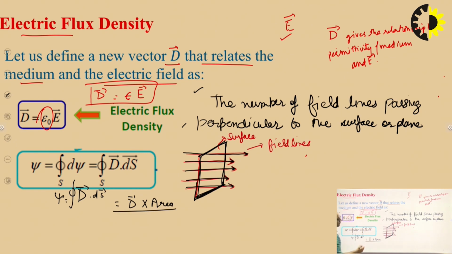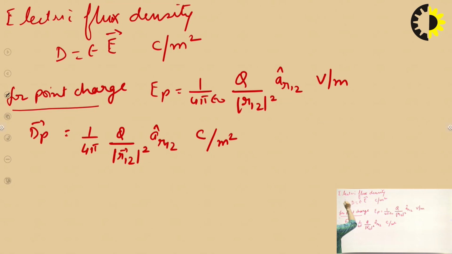So net outward flux means the total number of lines passing through this surface will be equal to the electric flux density multiplied by area. Clear? So electric flux density D equals epsilon into capital E.